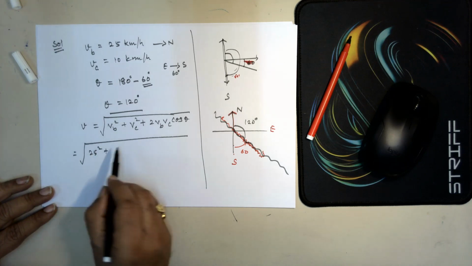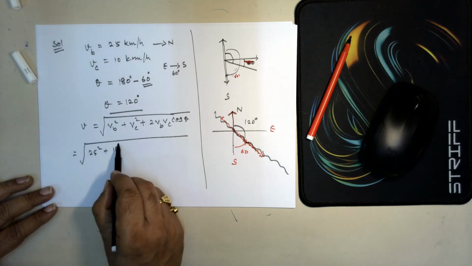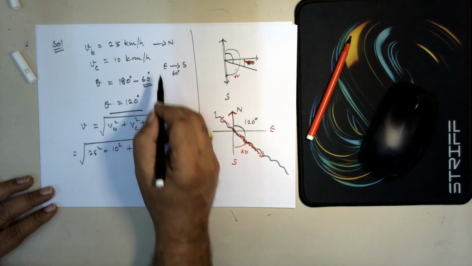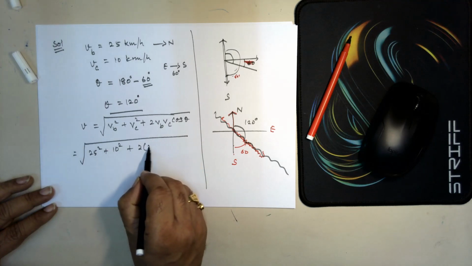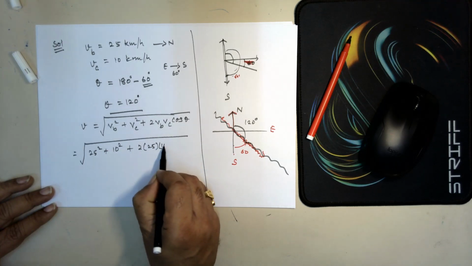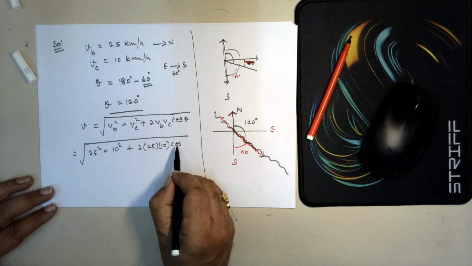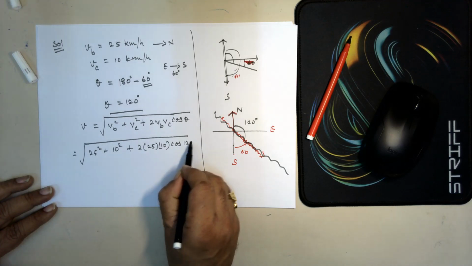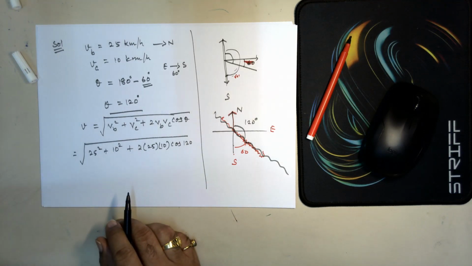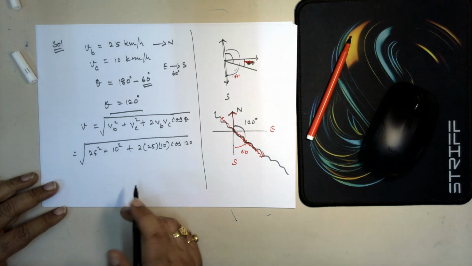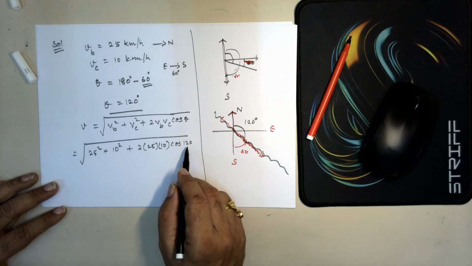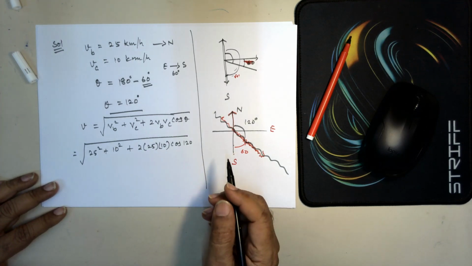So 25 squared plus 10 squared plus 2 into 25 into 10 cos 120. Okay. So cos 120 is nothing but 90 plus 30, right?